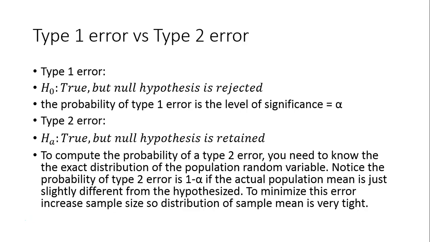But as your sample size gets larger, you know what happens to the variance of x bar? It collapses, right? So you're more likely, in this case, to reject as your sample size increases.